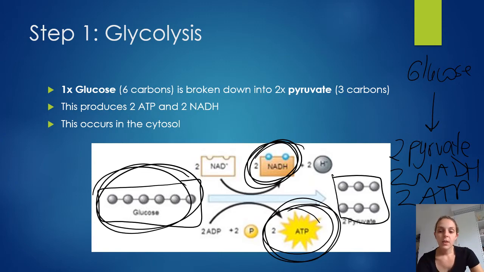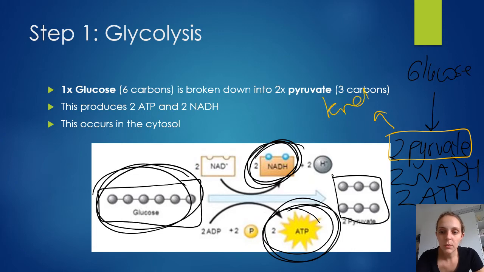All right, now if we think about what happens to these products, our pyruvate is now going to go off and enter the Krebs cycle. So it's actually going to float on into the mitochondria and start the Krebs cycle.